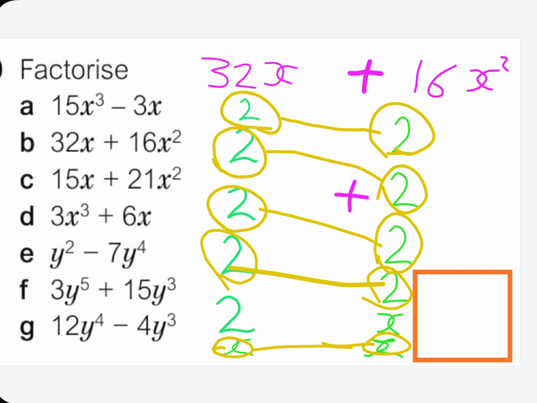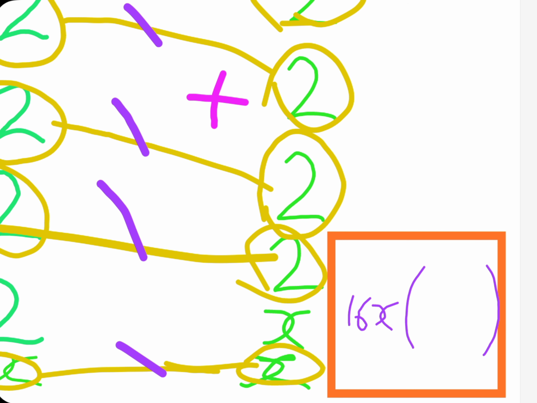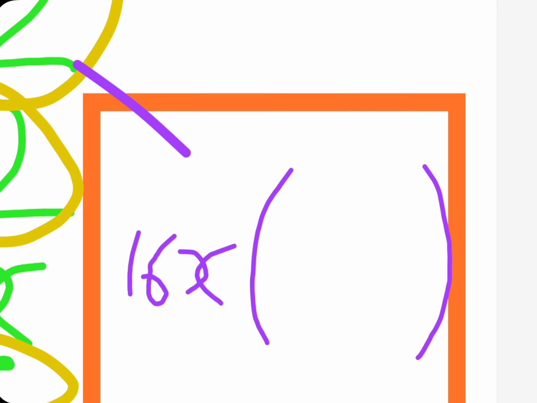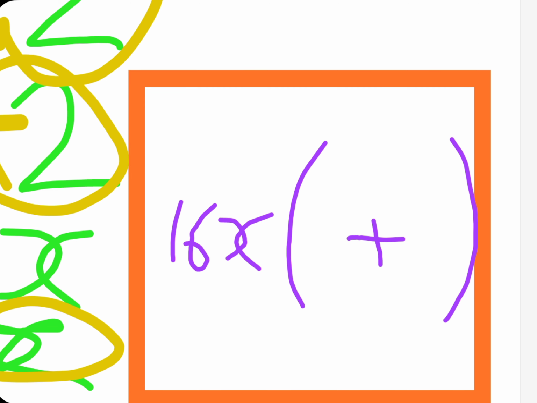So we say that here, how many? We have 2 multiplied by 2, what is it? It's 4. And 4 multiplied by 2 is 8. And then 8 multiplied by 2 is 16. And 16 multiplied by x. So it's going to be 16x. Very good. So I write 16x here. And after taking what's common, I open a bracket. And inside the bracket, I'll put the plus sign.